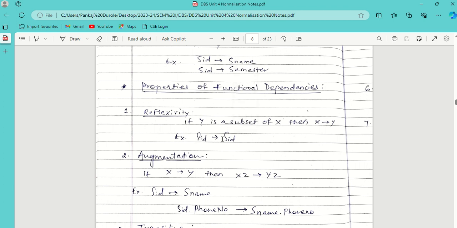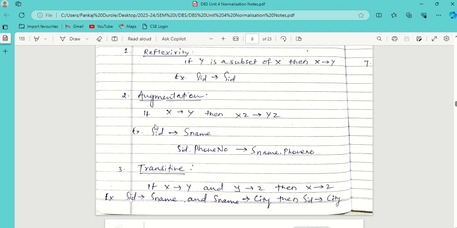Now, augmentation. If X is determining Y, if SID is determining S name, then XZ will determine YZ, with the common attribute which we are attaching to these two attributes.